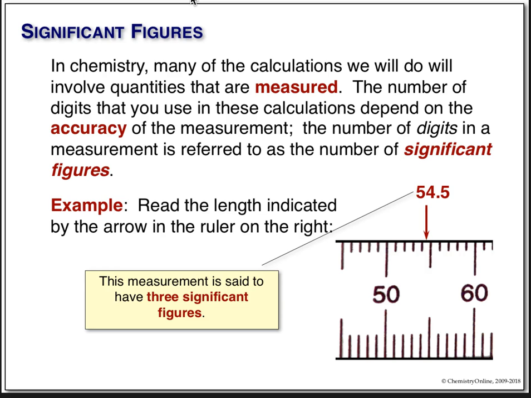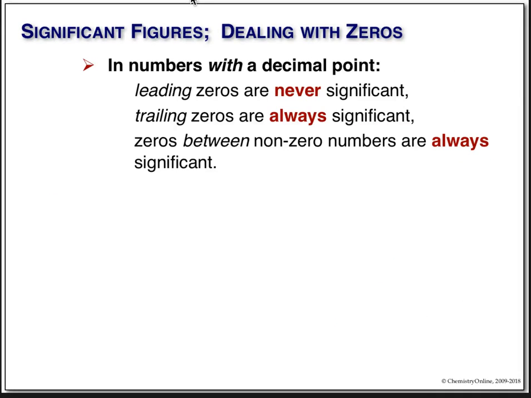Only time this gets confusing a little bit is if you have zeros before or after a number. So there are rules for that. Dealing with zeros. First thing you have to do is look to see if your measurement has a decimal point or not.